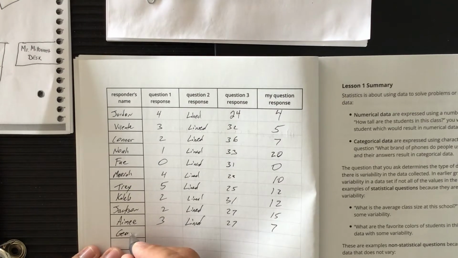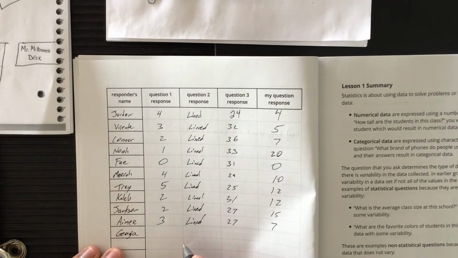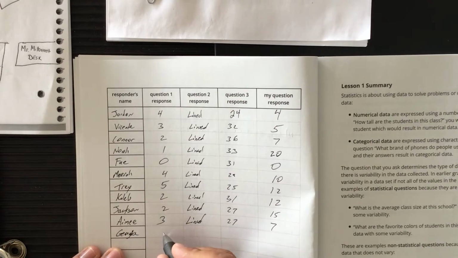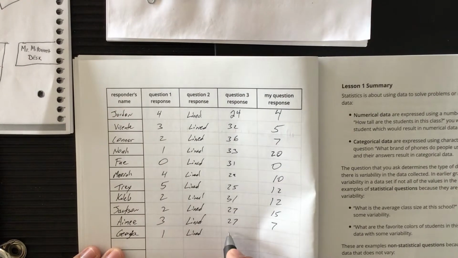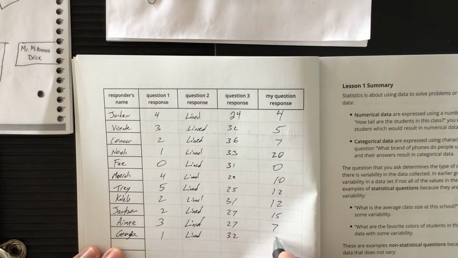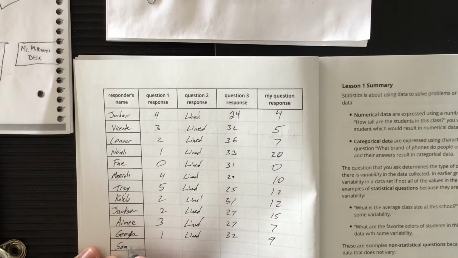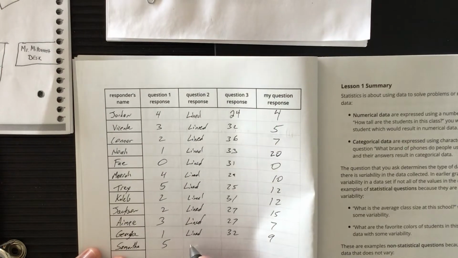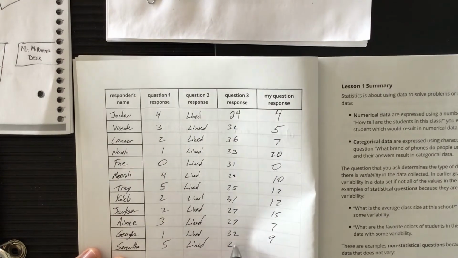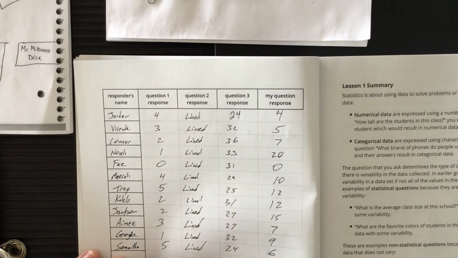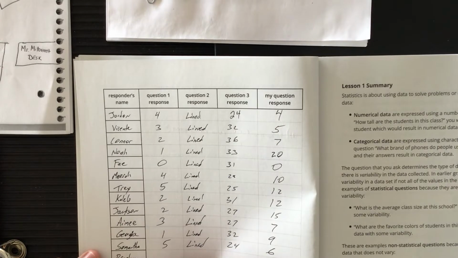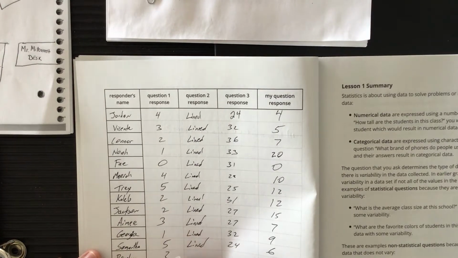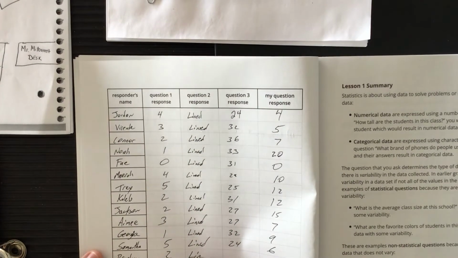Georgia, 1, unlined, 32, and 9. Samantha, 5, 5, 24, 6. Berlin, 2, 9, 28.